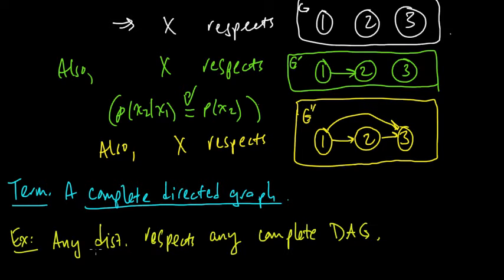So that's a little exercise that you might want to take if this isn't all very clear to you; that would be a good exercise to check that. So this was one example of that. X respected the complete directed graph G double prime.